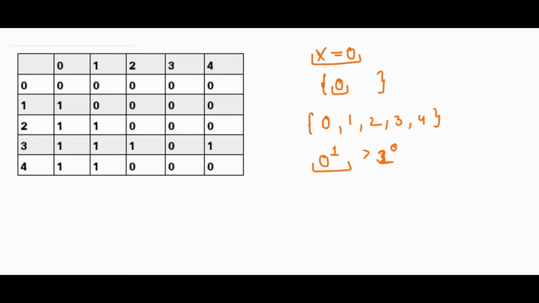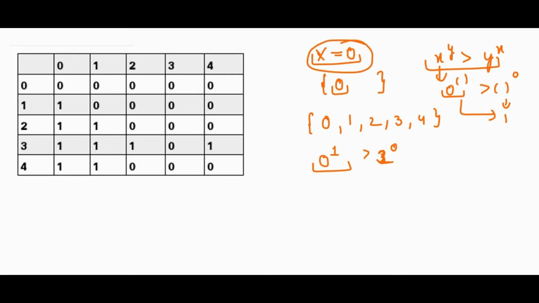So there will not be any pair which will satisfy this condition, which is x to the power y is greater than y to the power x, because x is always 0 and x to the power anything will be always 0 and something to the power 0 is 1. So it will never be possible. So if we get x is equal to 0, that means everything is 0. You can see in this table, any value gives 0 pairs for it, right?